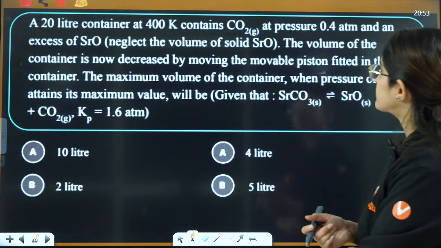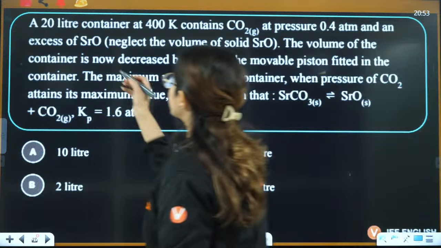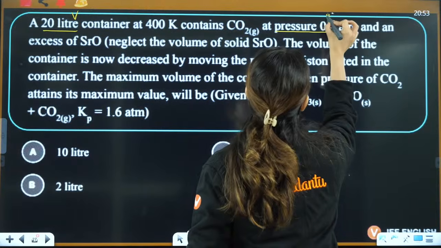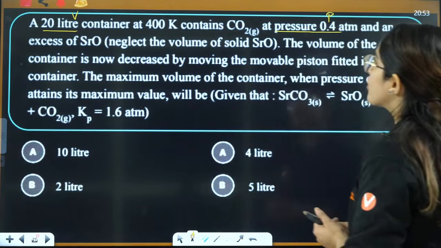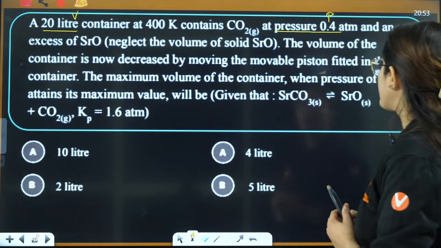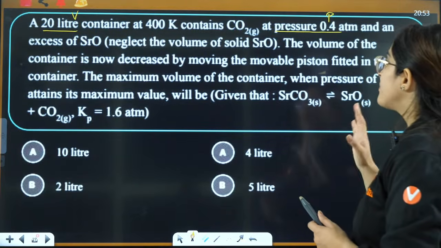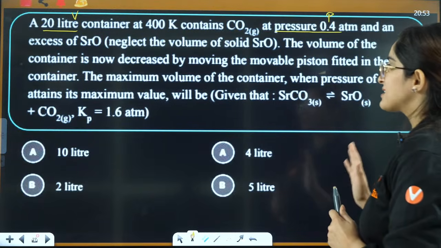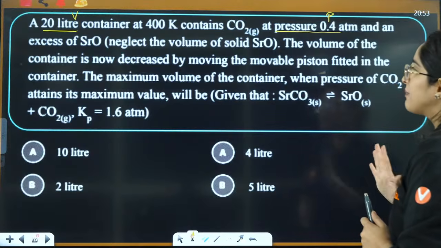So if I say this is volume, this is pressure, and in excess of CaO, the volume of the container is now decreased by moving the movable piston. The maximum volume of the container when the pressure of CO2 attains its maximum value will be what?